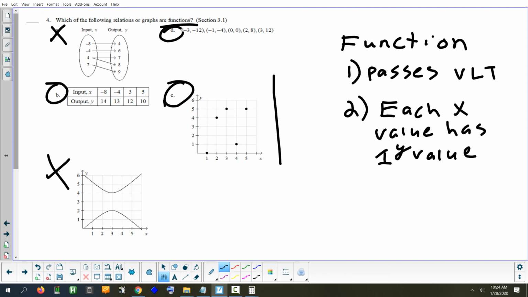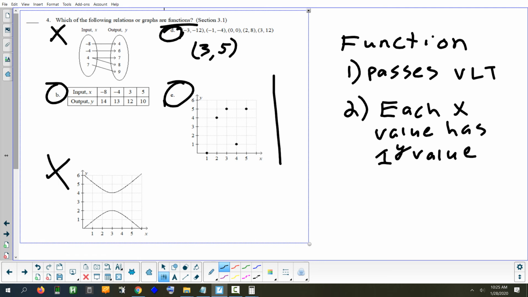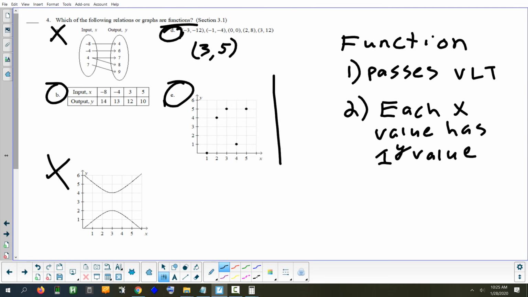Here's how you could make it not a function. Let's do 3, 5. If I added that in, why would that be not a function now? Because it's already an x value 3. Yeah, we already said 3 goes to 12. Now you're telling me 3 also goes to 5. You can't do that, right? So that would be not a function. Okay, so that's how you tell if something is a function.